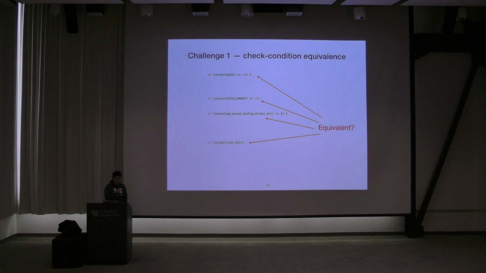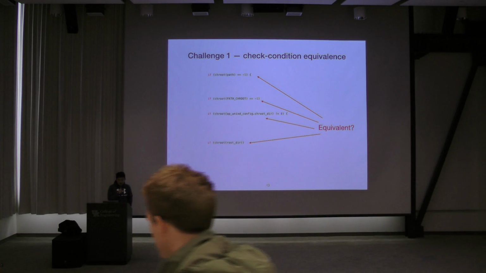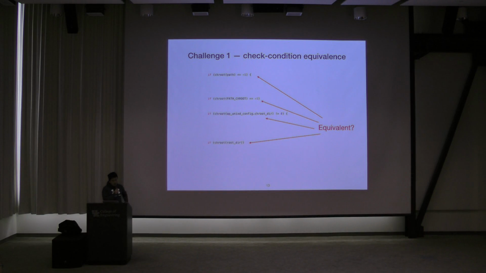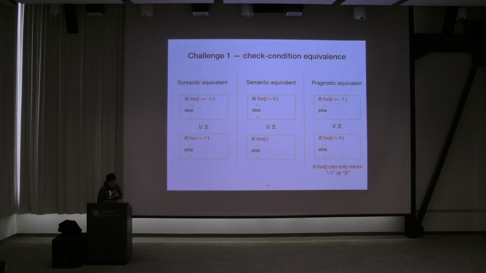There are two main challenges to implement EH-Miner. The first is to judge the equivalence of check conditions. Here we have four check conditions, and we want to know whether they are equivalent. We found two conditions can be equivalent at three levels. The first is syntactic equivalence, which means two conditions are exactly the same, except for some comments or spaces.